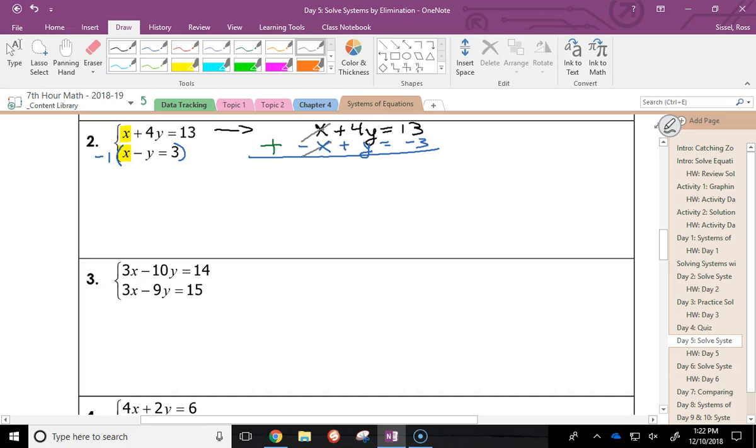I have 4 y's. I add another y. I'd have 5y. 13 minus 3. 13 minus 3 is 10. So now I have 5 y's that have a value of 10.